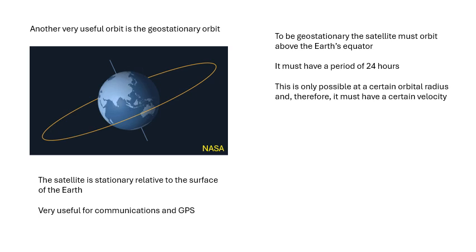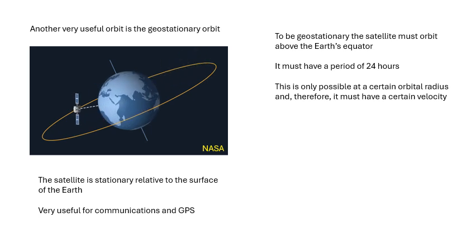Yes, a sidereal day, actually 23 hours and 56 minutes, but don't worry about that. A period of 24 hours is only possible at a certain radius, and therefore it must have a certain velocity.